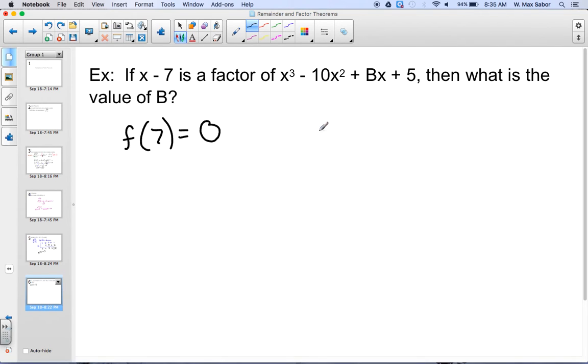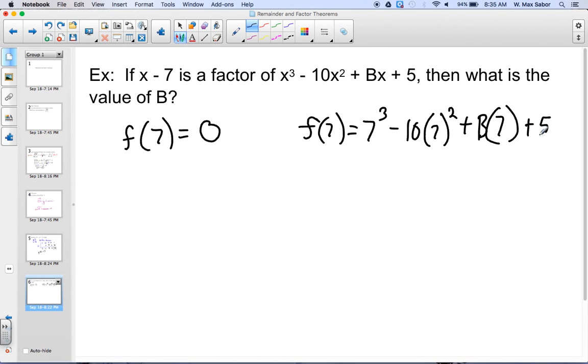So we can say, okay, what's f of 7 here? We know f of 7 is 7 cubed minus 10 times 7 squared plus b times 7 plus 5. If we simplify that, 343 minus 490 plus 7b plus 5.